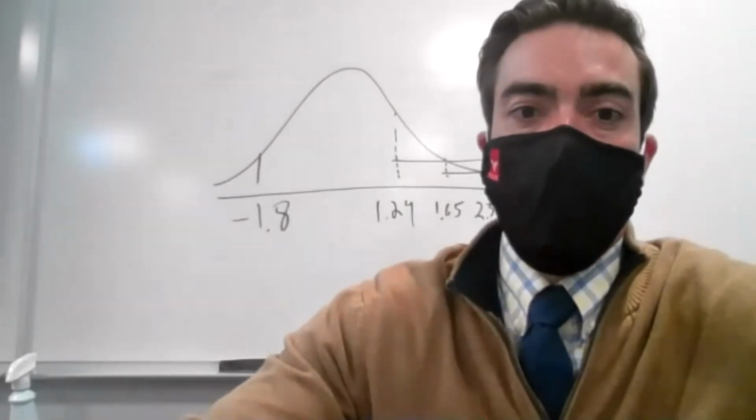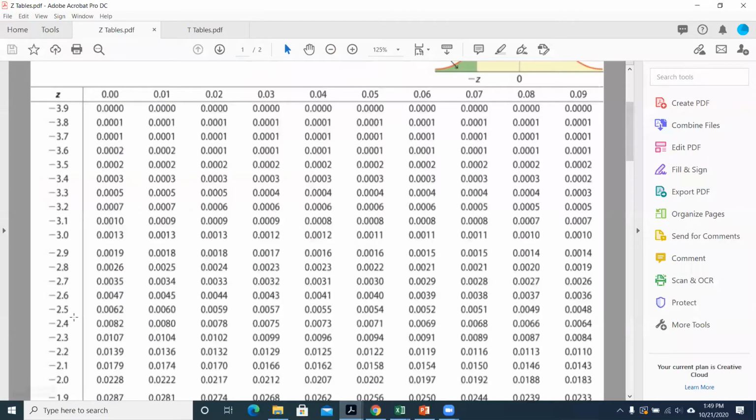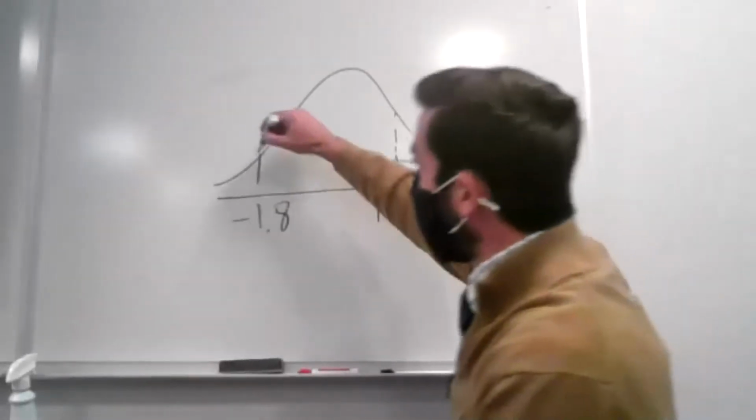I could have also looked up that test statistic of negative 1.8 on my standard normal table, so negative 1.80. The area to the left of that is 0.0359, and this is kind of a weird one.